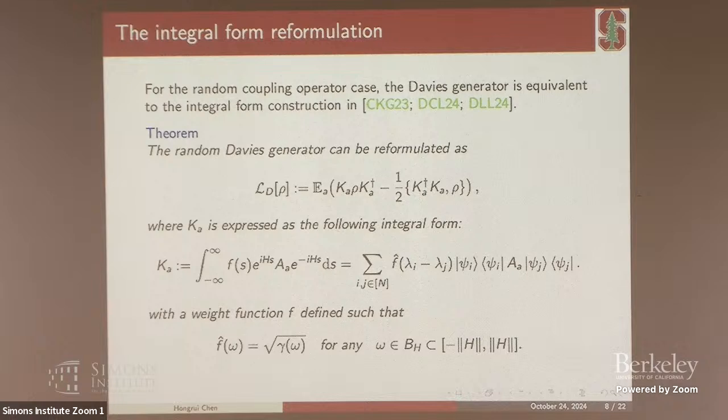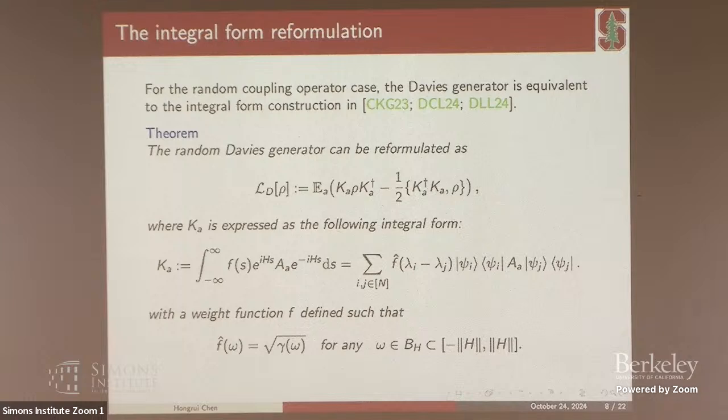Each jump operator is given by an integral of the Heisenberg evolution of the coupling operator with the weight function f. And if we choose the weight function such that the Fourier transform of f matches the weight function we want, it will give the detailed balance condition.